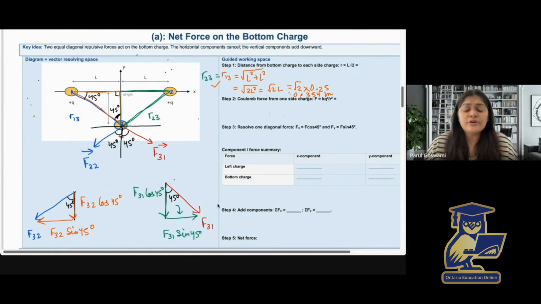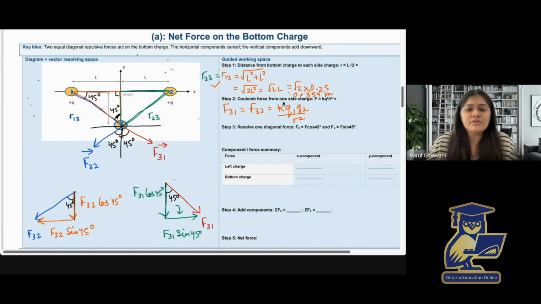Now the important point to consider here is that both the forces F31 and F32 are going to be the same in magnitude. Let's see why they are the same. F31 and F32 depend on K times Q1 Q2 by R square. K for both the forces is going to be the same because K is a constant.